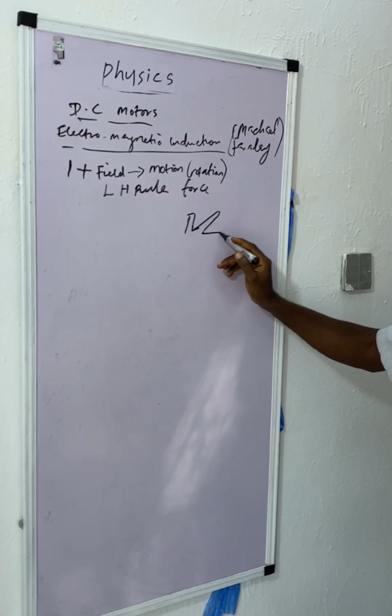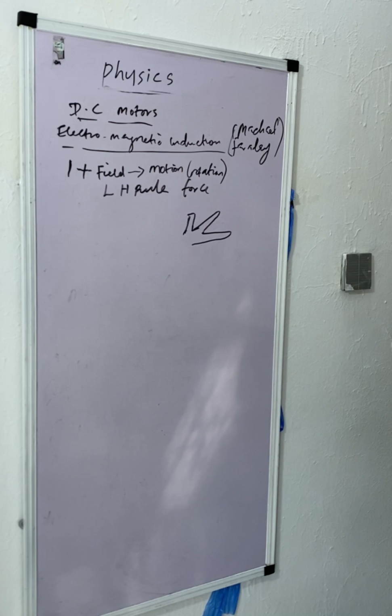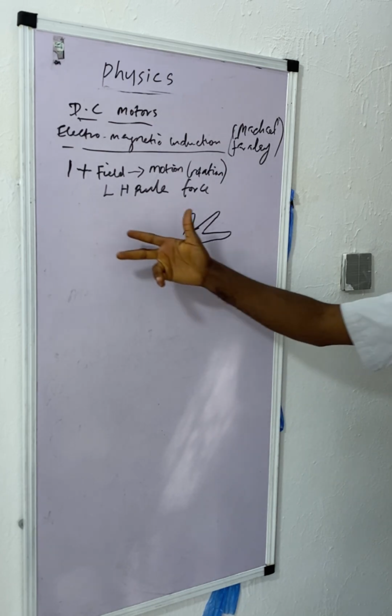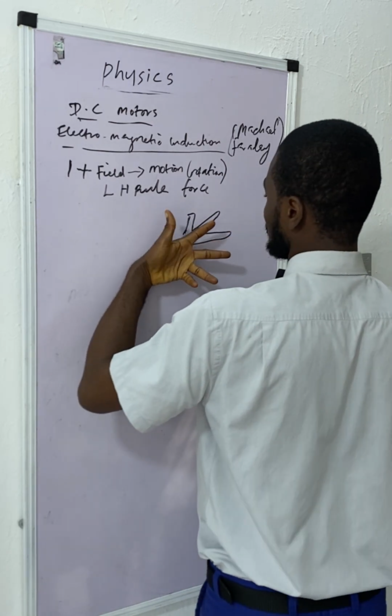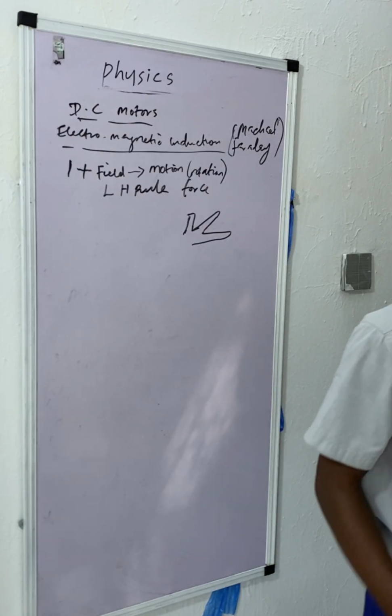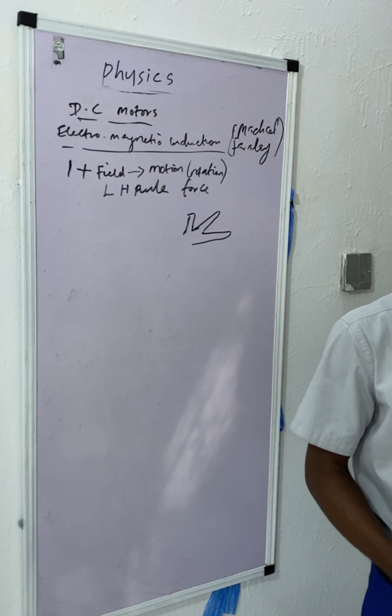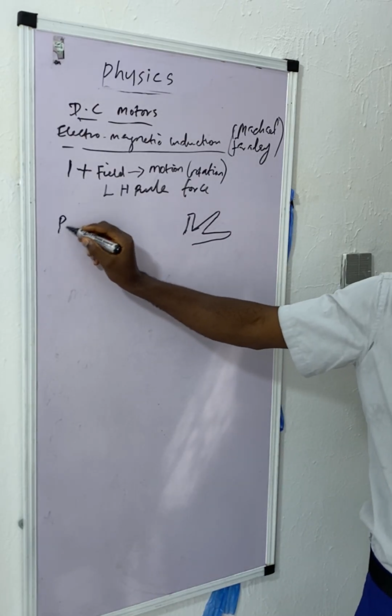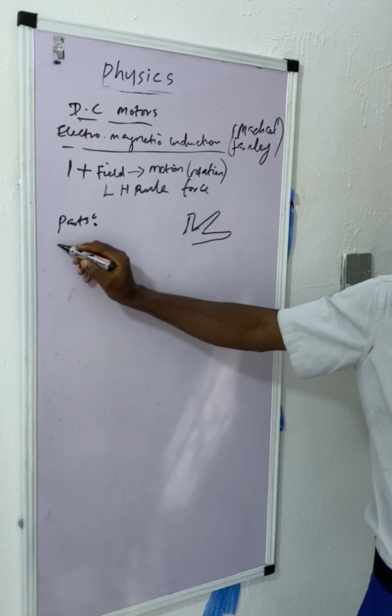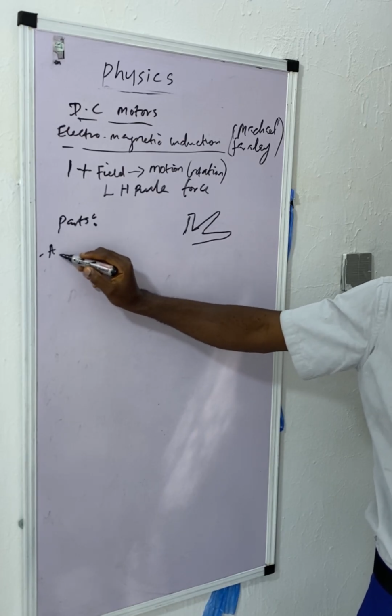This one is the Fleming left hand rule. Can you see? Right hand should be like this, left hand should be like this. So don't forget that. What are the parts of the DC motor? Number one, we have what is called the armature.